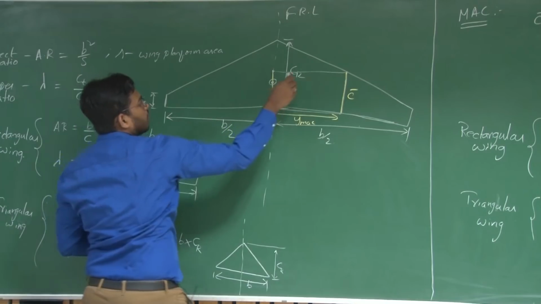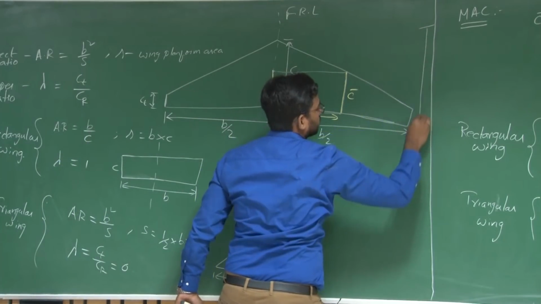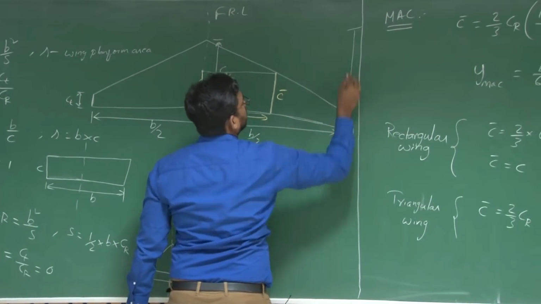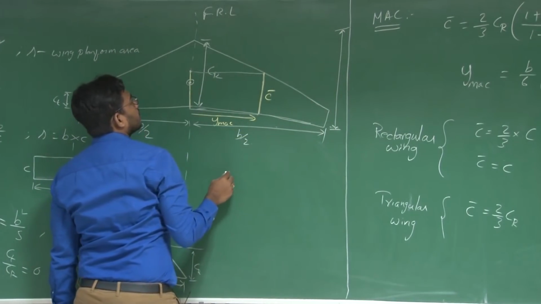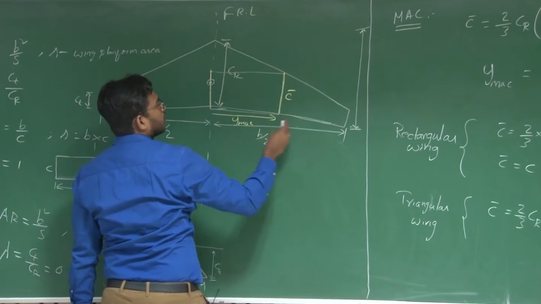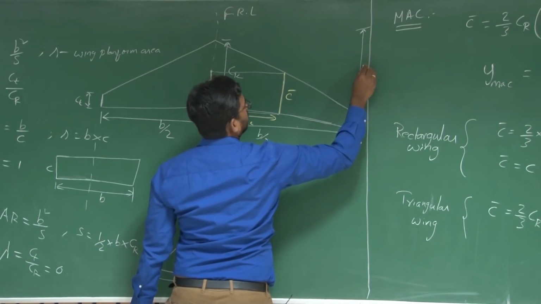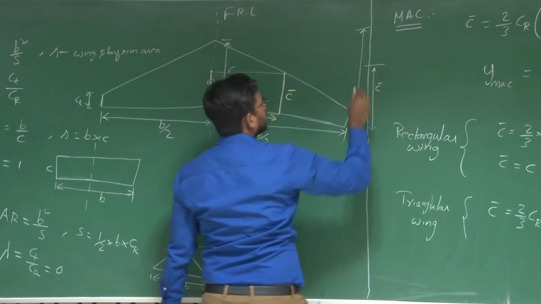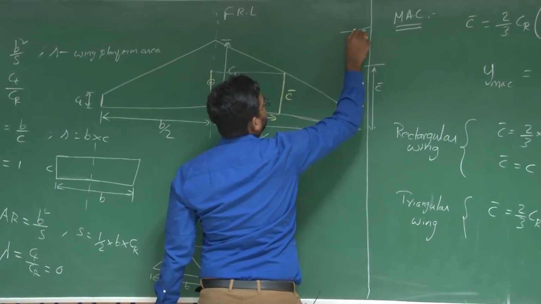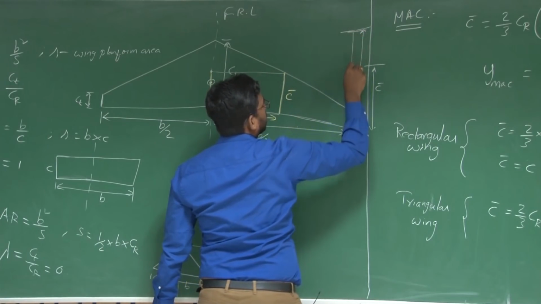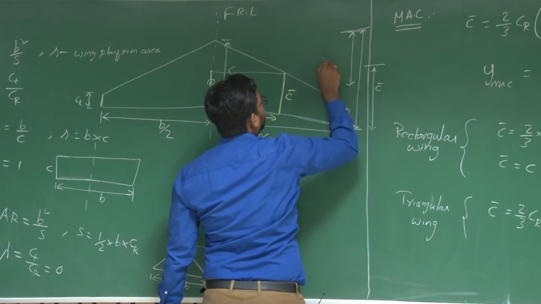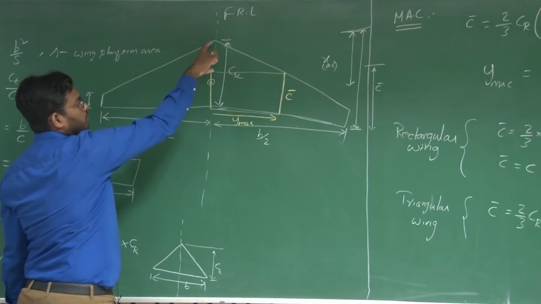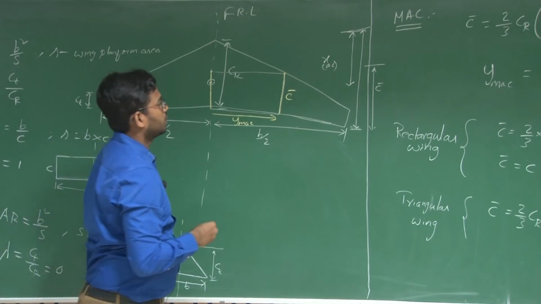Since you know the root chord, say this is your root chord, and you know C bar, say this is your C bar. What you can do is find X of AC, which represents the aerodynamic center with respect to the leading edge of this root chord, right?